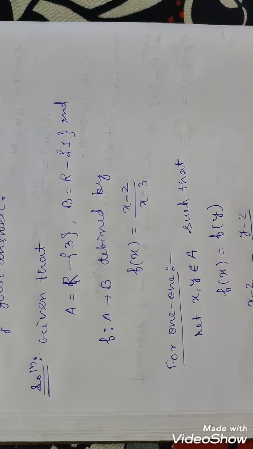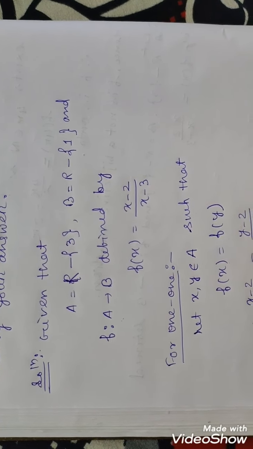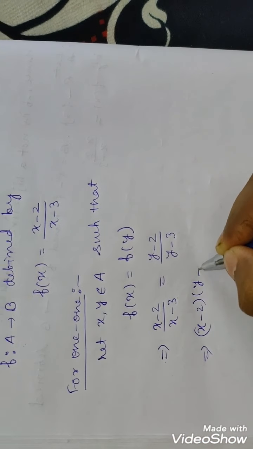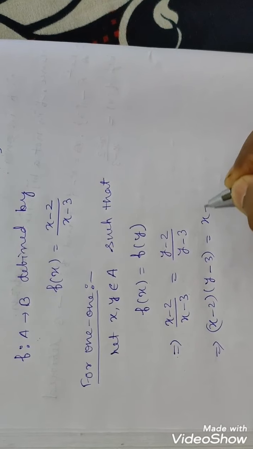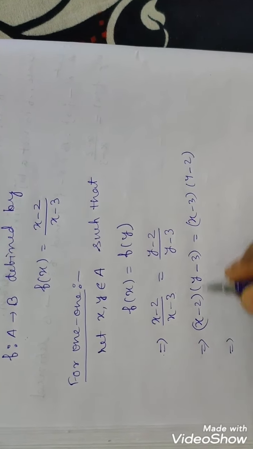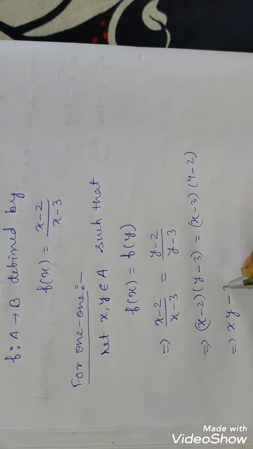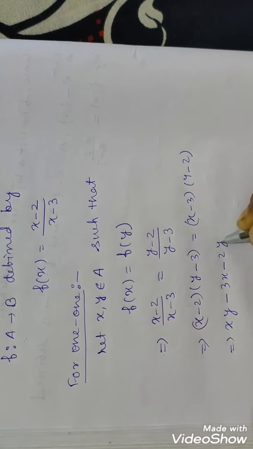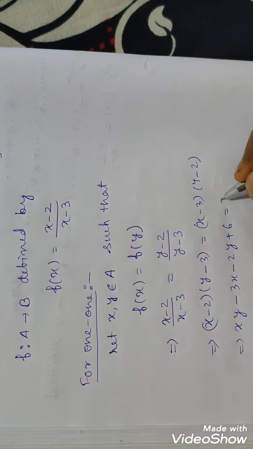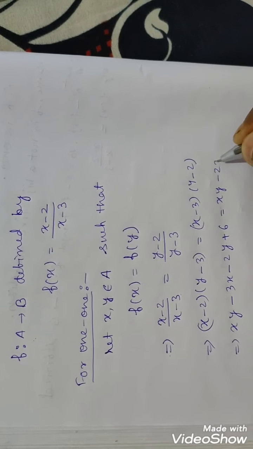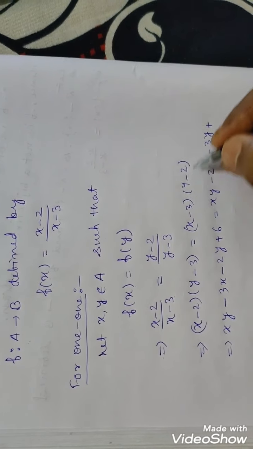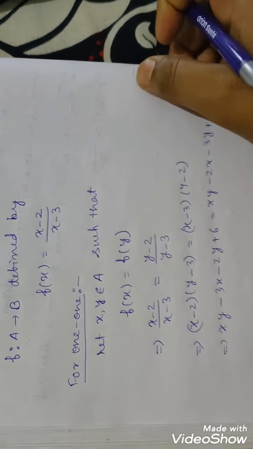Now calculate this by cross multiplication: x minus 2 into y minus 3 and x minus 3 into y minus 2. Multiply: xy minus 3x minus 2y plus 6 on one side, and xy minus 2x minus 3y plus 6 on the other.